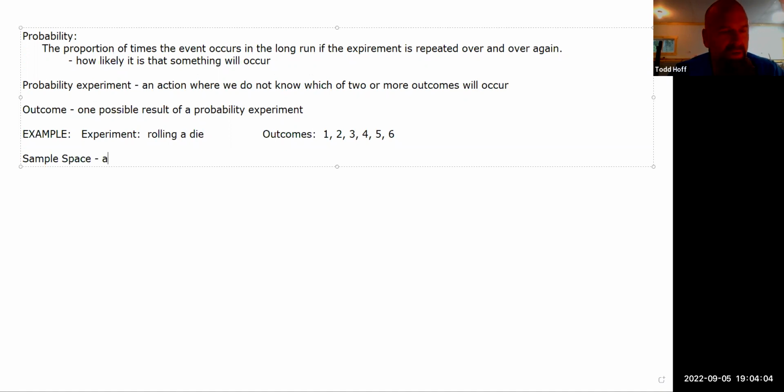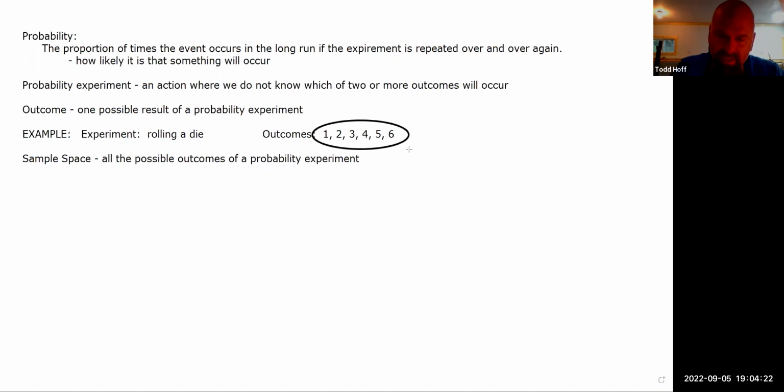It's simply all the possible outcomes of a single probability experiment. So that's exactly what I just listed up above for my outcomes for rolling a die. That is the sample space because it includes every possible outcome of that probability experiment.